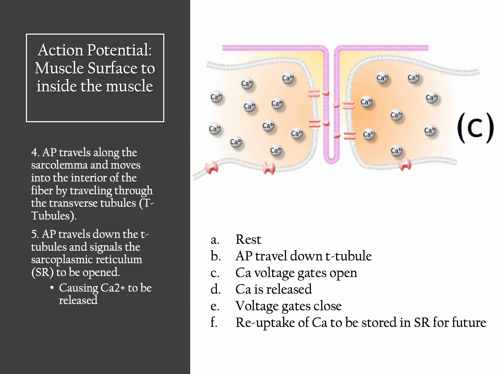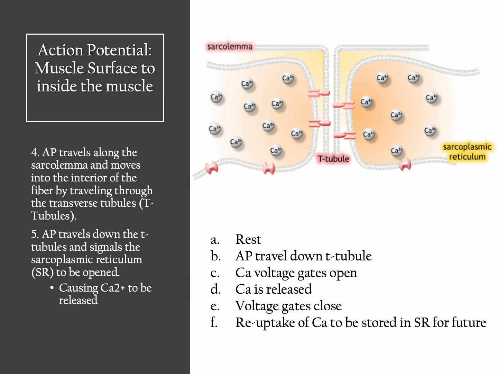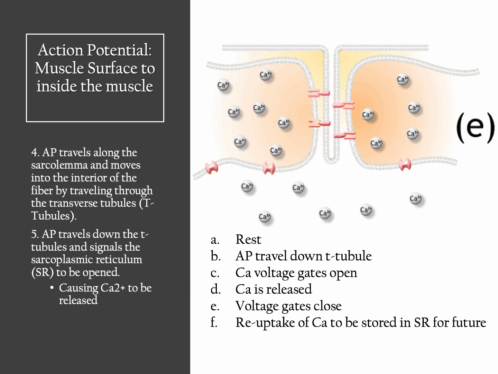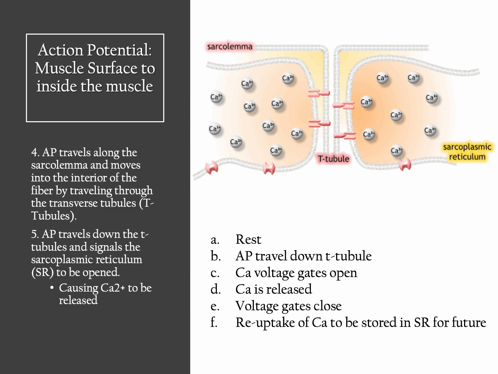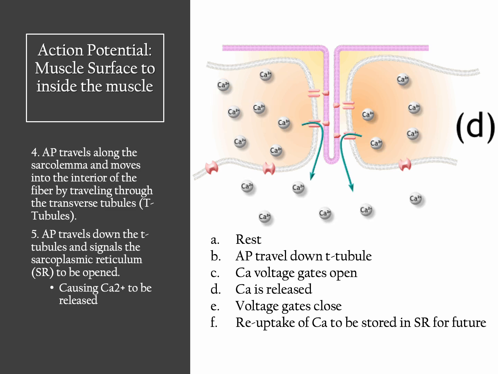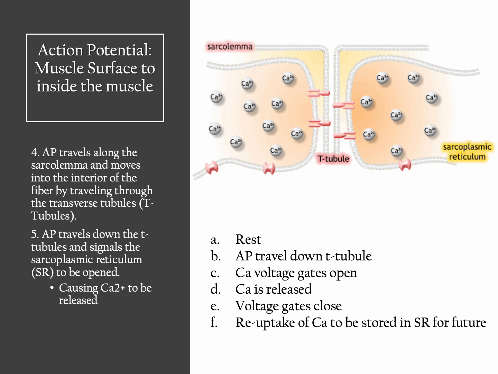As that action potential travels along the sarcolemma, it moves into the interior of the fiber by traveling through the transverse tubules, illustrated here in purple. So the action potential travels along that purple line down into the muscle through the T-tubules and signals the sarcoplasmic reticulum, abbreviated as SR, to be opened.